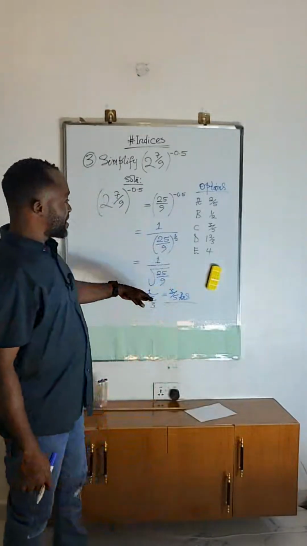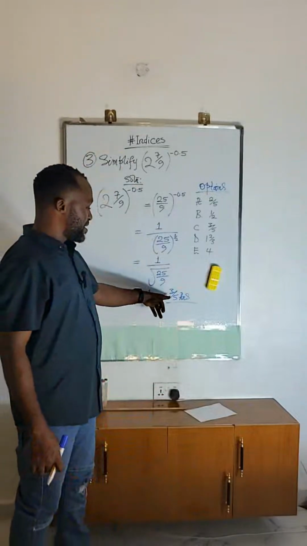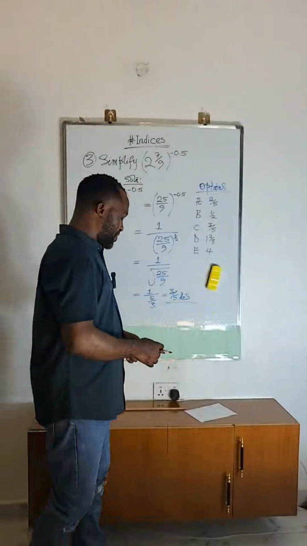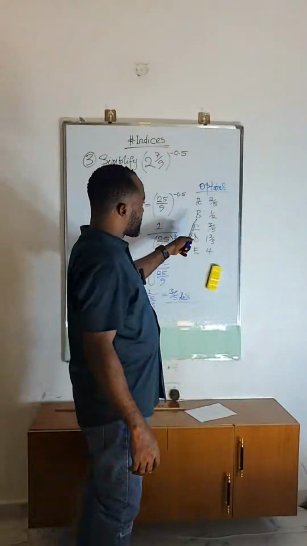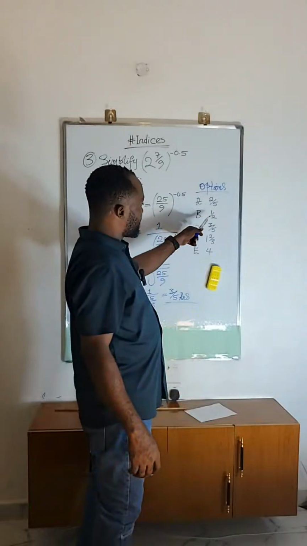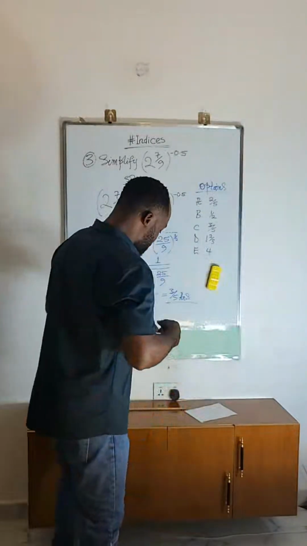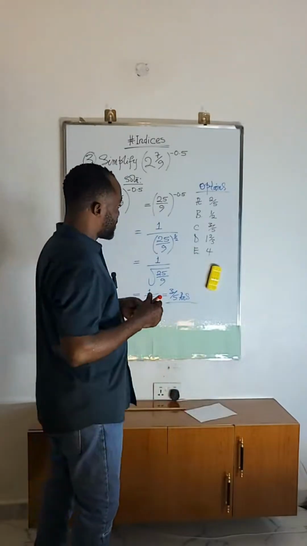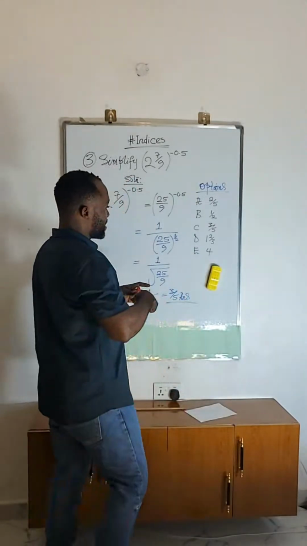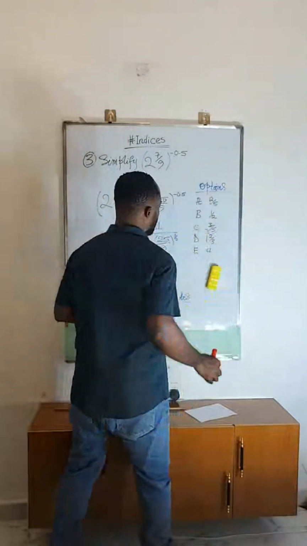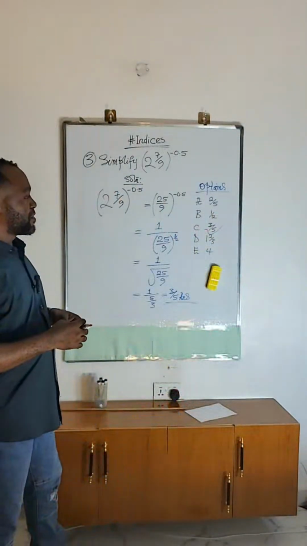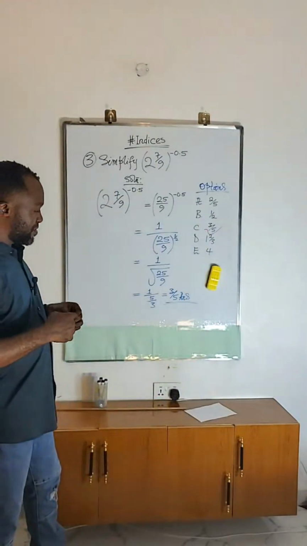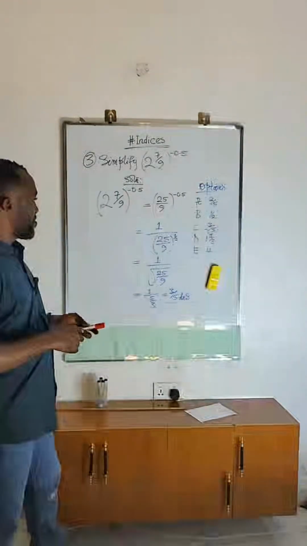So the answer to that is 3 over 5. If you look at the options now, option C becomes the right option. Option C, which is 3 over 5, is the right option to that question.